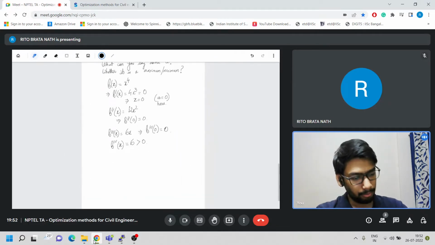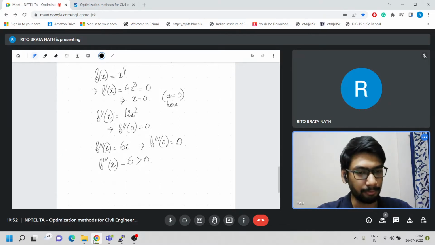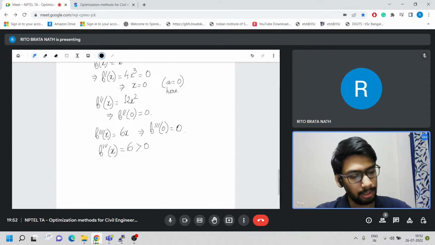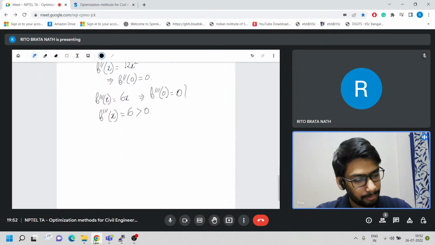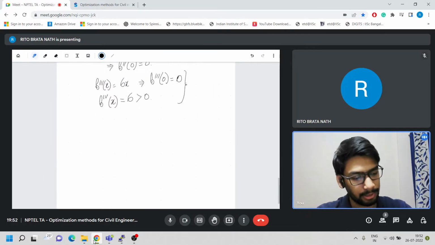Even if you look at the function, since it has an even power, x equals to 0 gives a minimum. This function cannot take a negative value. It will always take a positive value or a value of 0. It's a similar argument to what we had before: first derivative equals to 0 and second derivative greater than 0, implying a minimum. Here it will also imply a minimum.